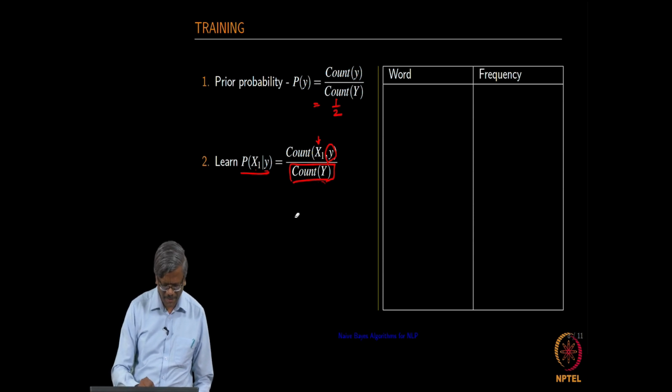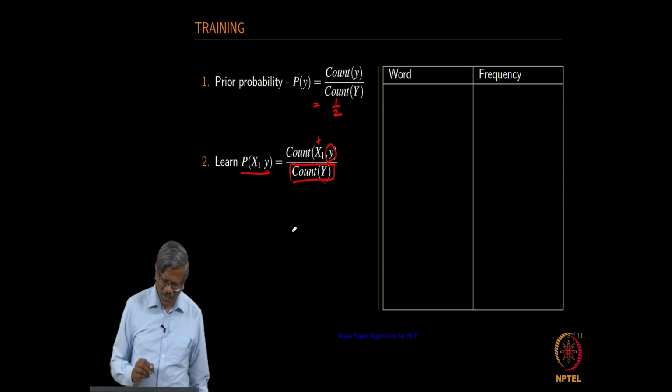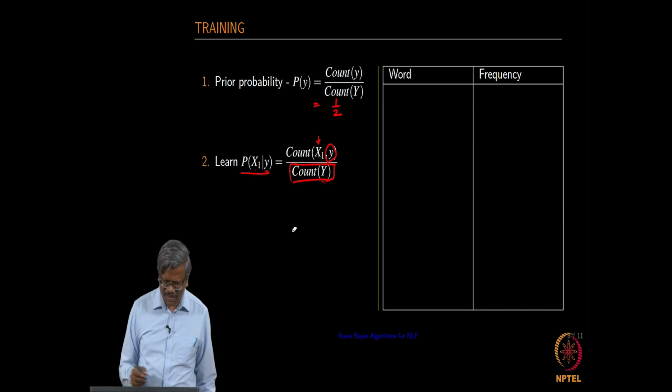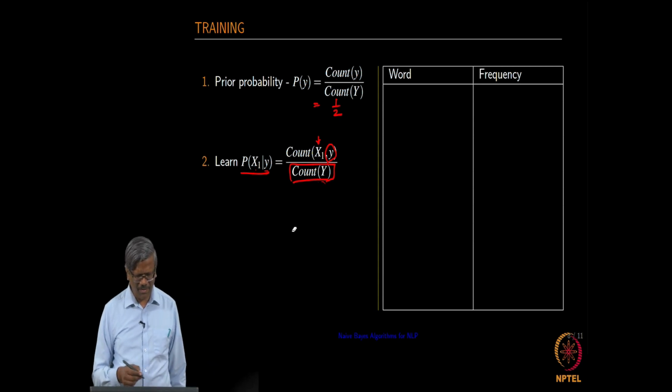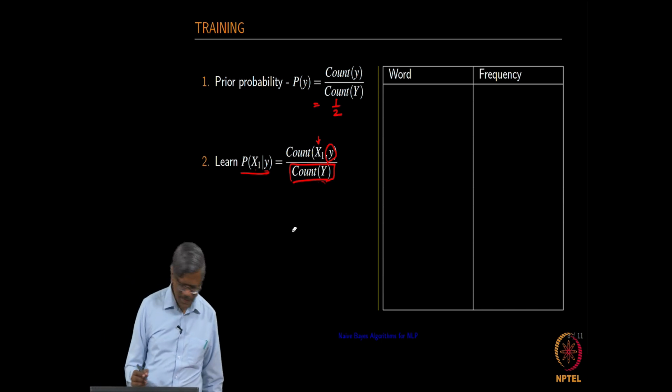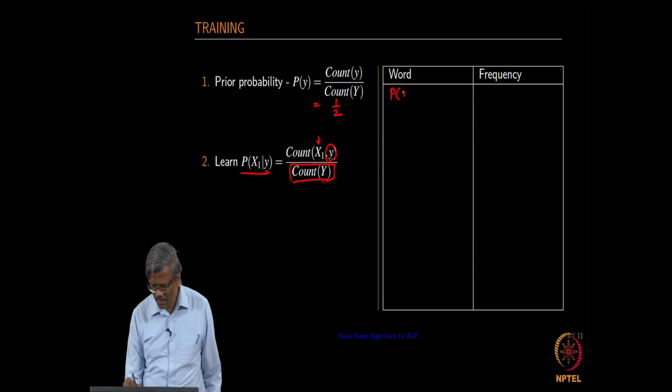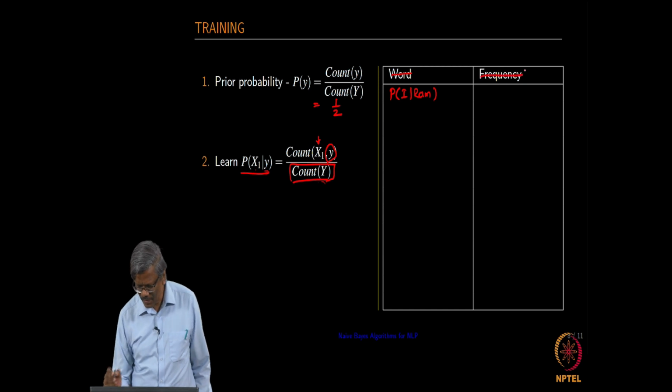Okay. So, I need the space. So, what I am going to do is I am going to just copy some of those computations that I have done already. So, let us start with, okay. So, this value is going to be 6 by 67.